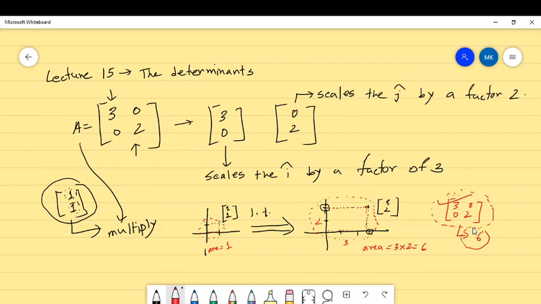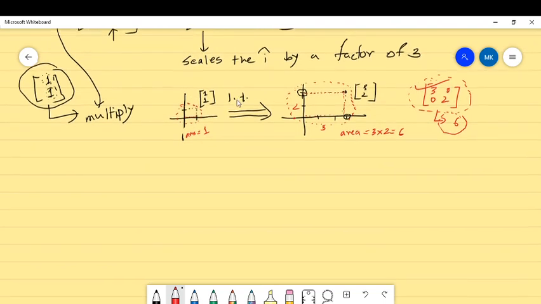Now, for example, let's say the determinant of this matrix, 1 1 and minus 1 minus 1, is 2, because if you multiply any vector by this matrix, the area will be stretched out by a factor of 2.